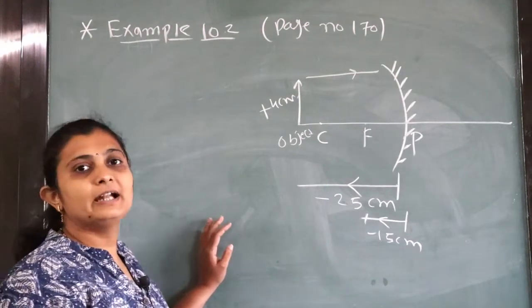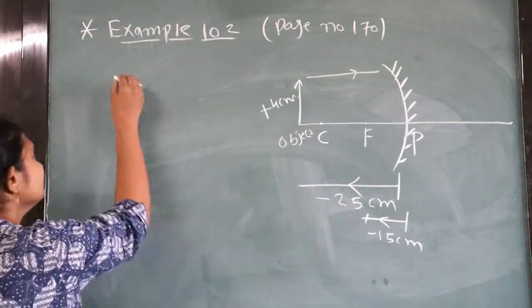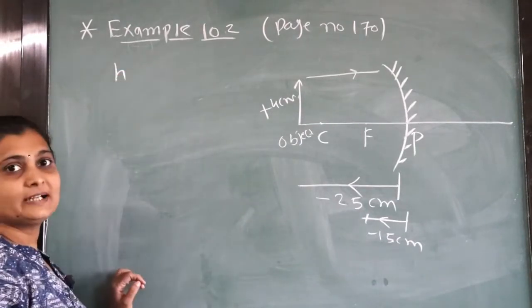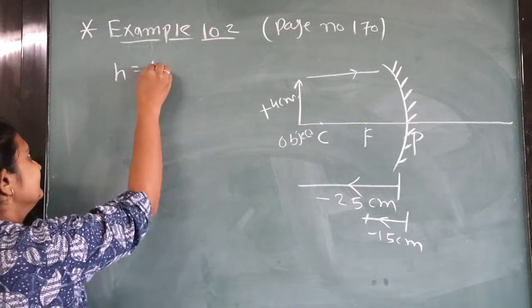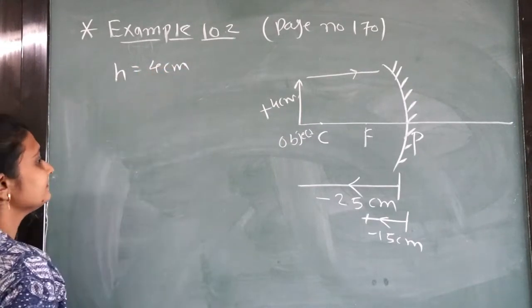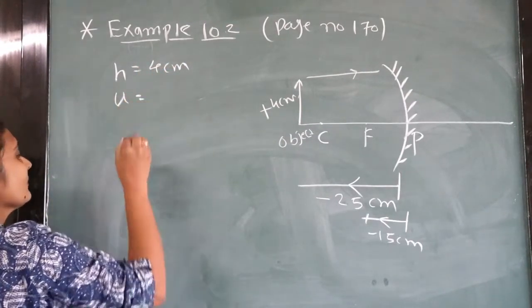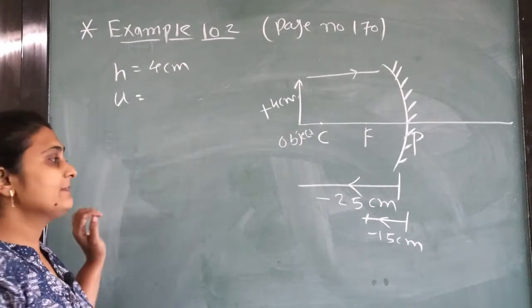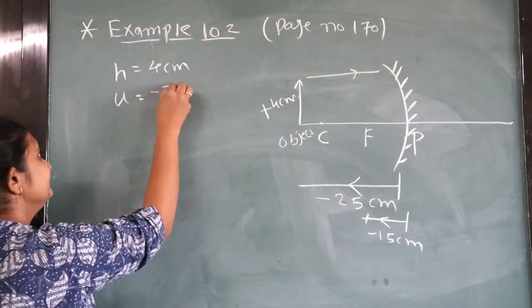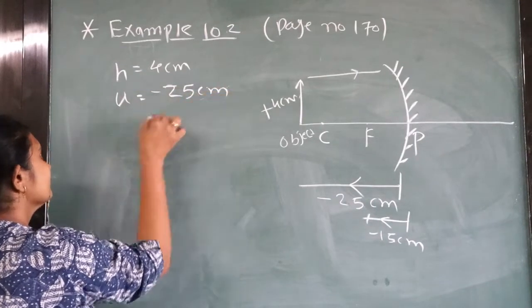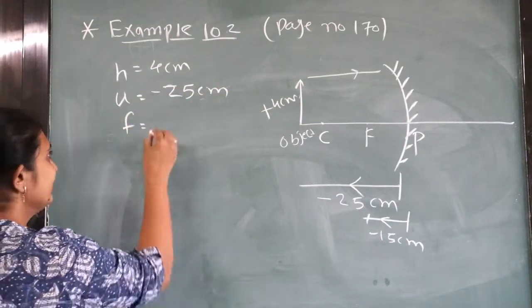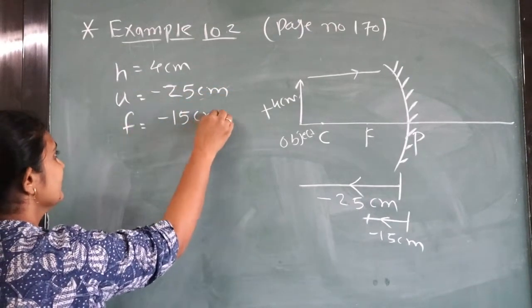First of all we have to write given values. Height of object is 4 cm. Object distance u is equal to minus 25 cm. Focal length is given, minus 15 cm.